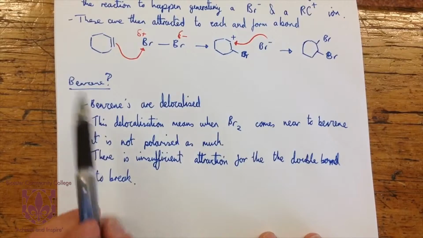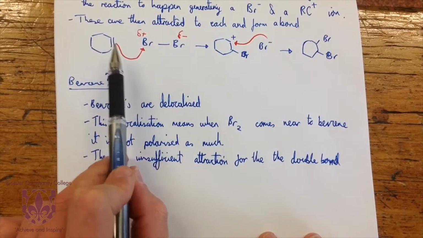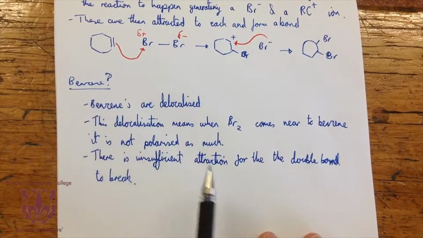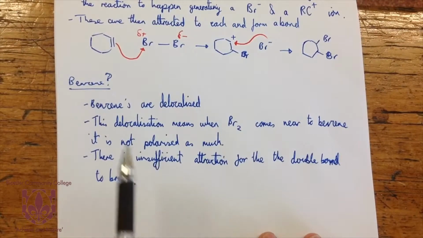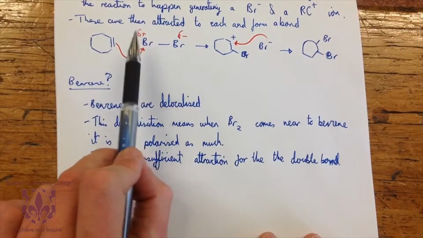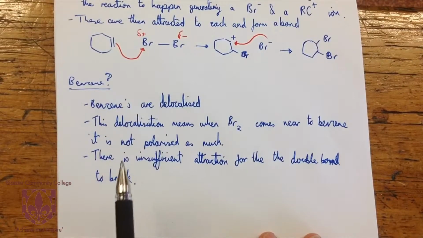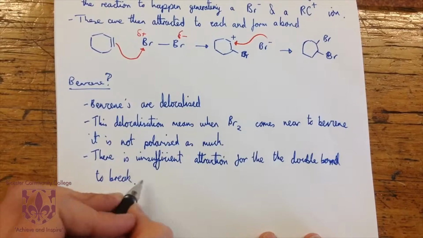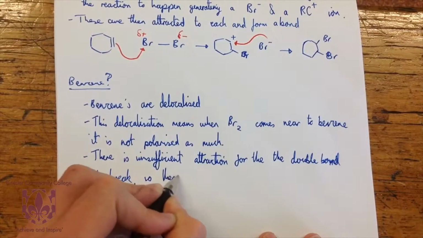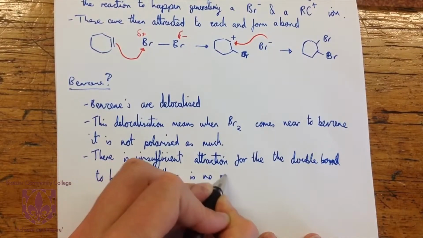Okay, so that double bond needs to break for us to form this bond between C and Br. There's not enough attraction between those electrons here and this delta plus bromine here to break that bond. Okay? So there is no reaction.